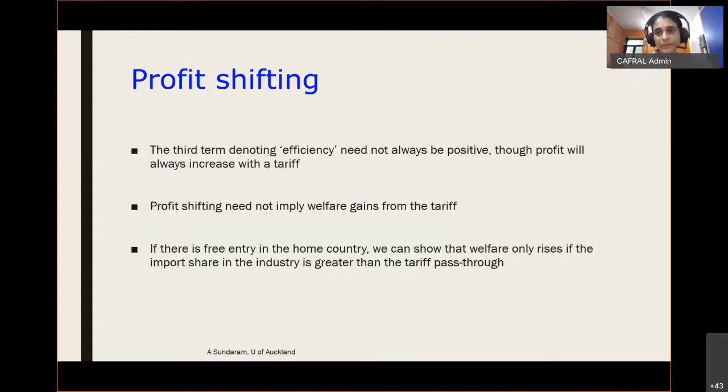And so there is scope to have a positive tariff. So you can actually have an optimal tariff that is positive. So the overall sense is that a tariff is actually not such a bad thing. It depends on how big it is and whether you're a large country or a small country. For a large country, it actually makes sense to have a tariff, because it can actually lead to welfare gains.